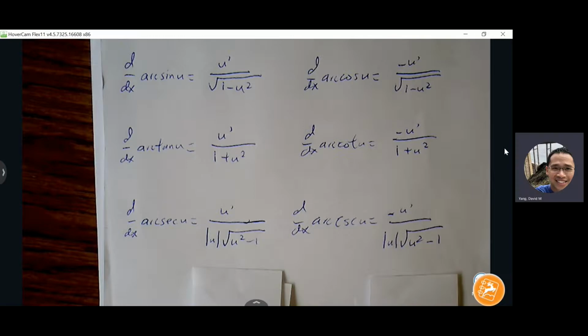Okay, so we have another day to practice these rules tomorrow. Why don't we try this problem here? Let's do a problem where we can practice applying our trig derivative rules. So if you can copy this down.